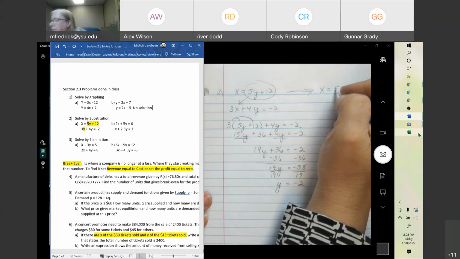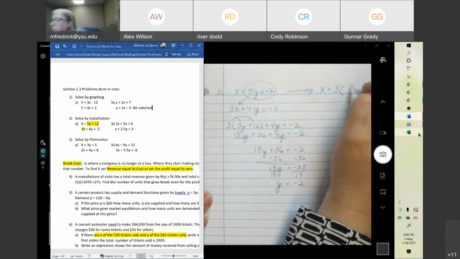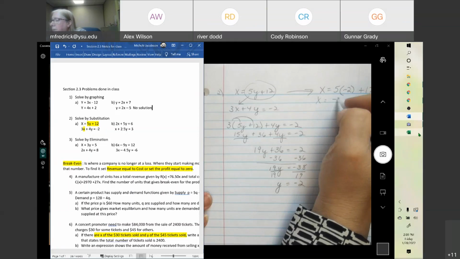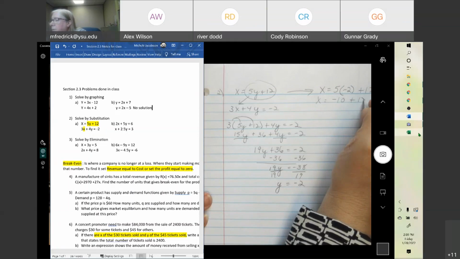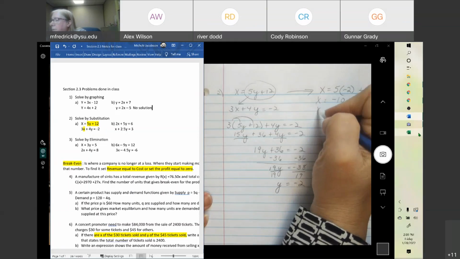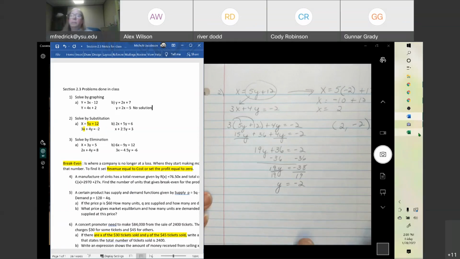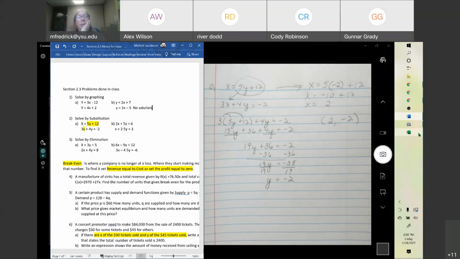X equals 5 times y, which is a negative 2, plus 12. 10 plus 12 is a positive 2. So the point is 2, negative 2. Any questions on that?